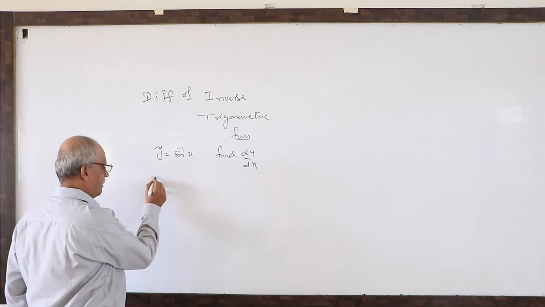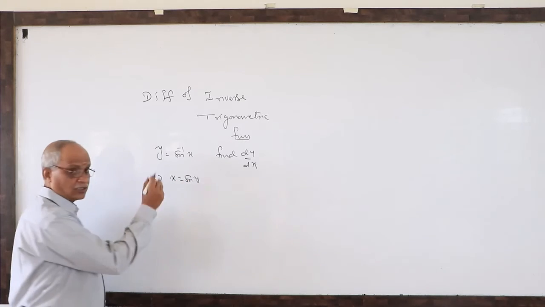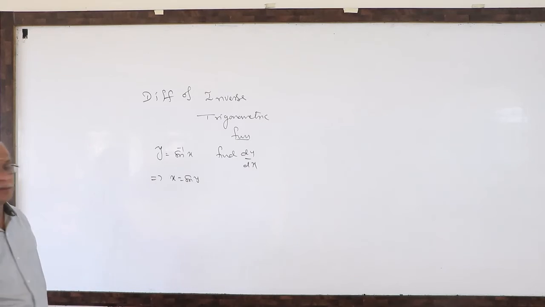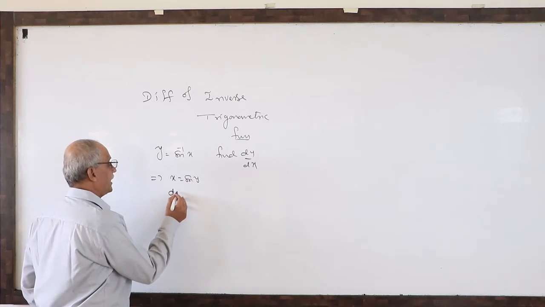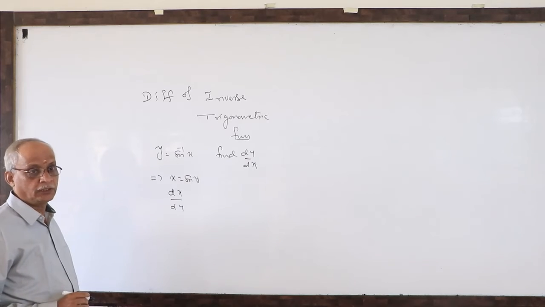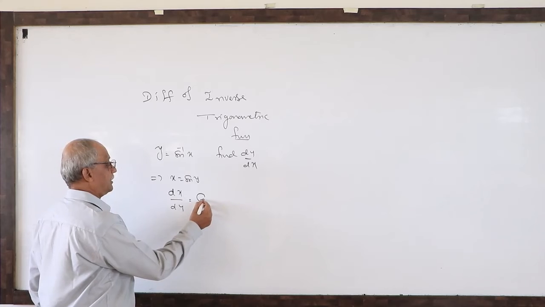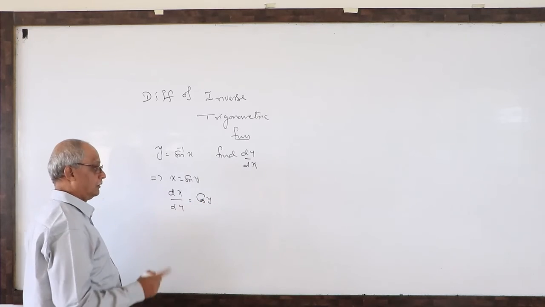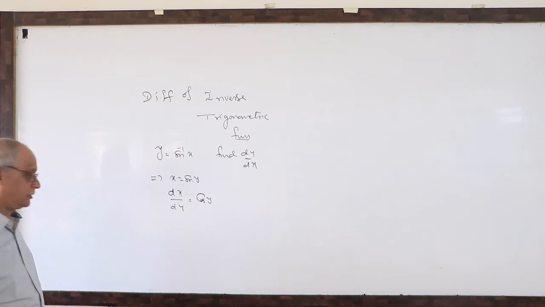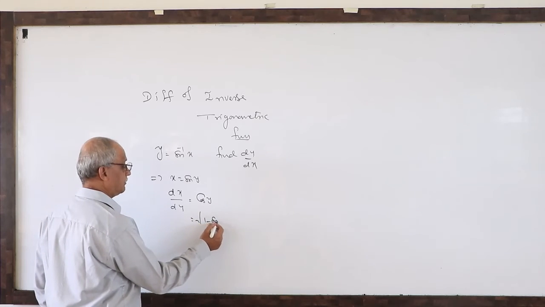From this, what is the x value? sin y. That means x is in terms of y. Now, differentiate x with respect to y. dx by dy. What is the answer? cos y. Now you have to write the answer in terms of x. We know cos theta in identity is root of 1 minus sin square.